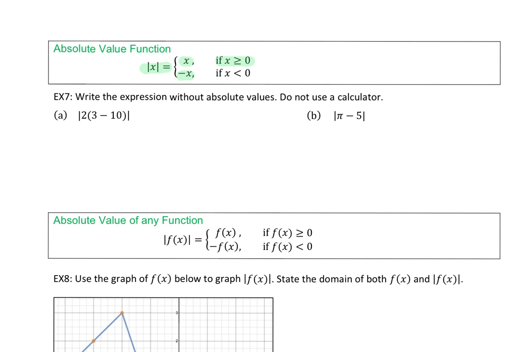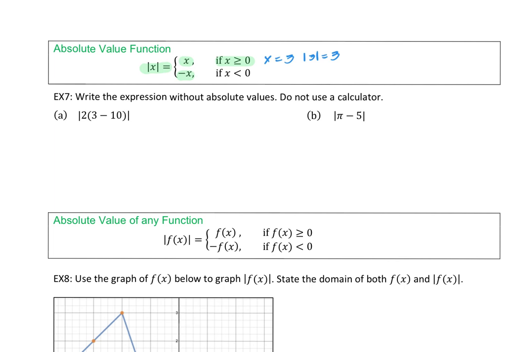So if whatever's in there is greater than or equal to 0, we just drop the absolute value, right? So if we had x equal to 3, then the absolute value of 3 is simply 3, because 3 is greater than or equal to 0.